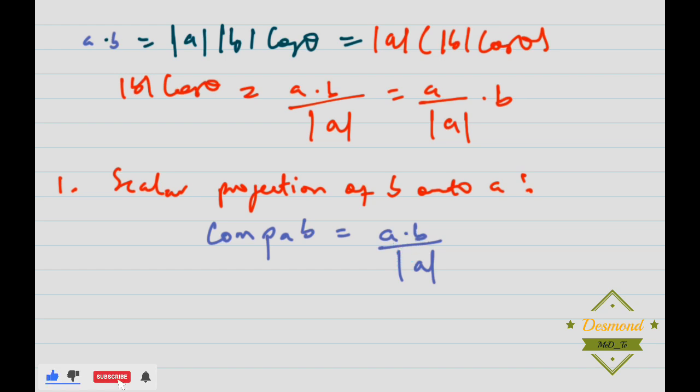Very simple. And the second one you need to take note of is the vector projection of B onto A.